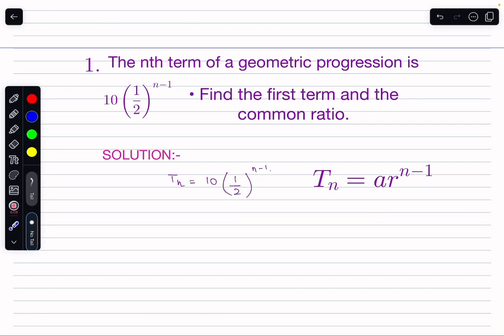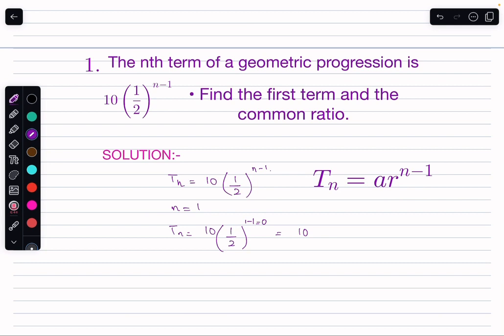If they are asking for the first term and the common ratio, then I can compare and say that a equals 10. Or for the first value, n equals 1, therefore Tn equals 10 into 1 by 2 to the power 1 minus 1, and 1 minus 1 equals 0. So any number to the power 0 equals 1.